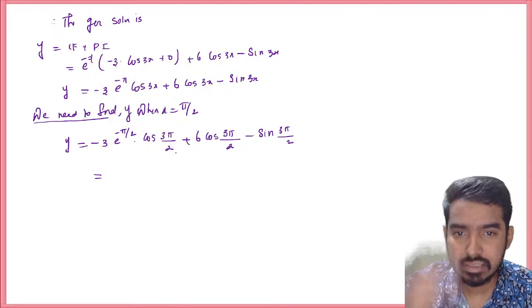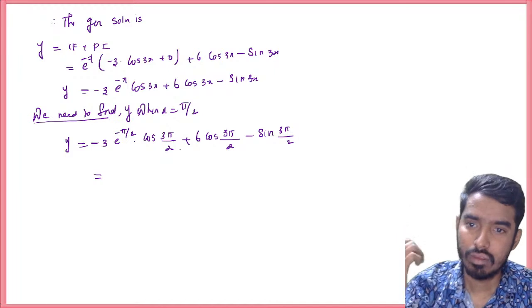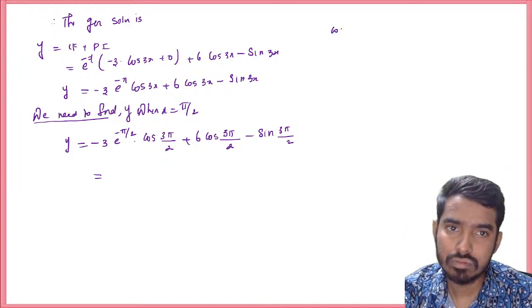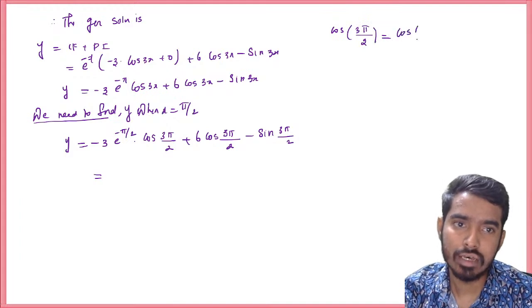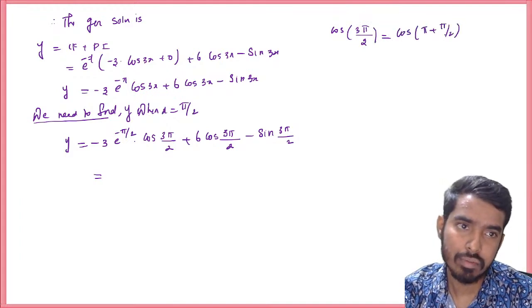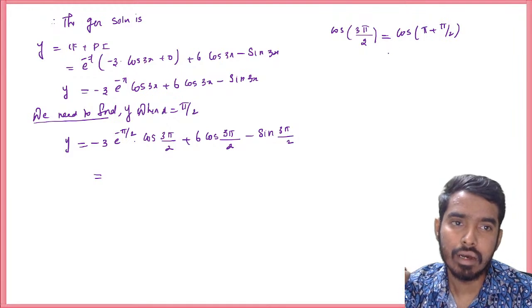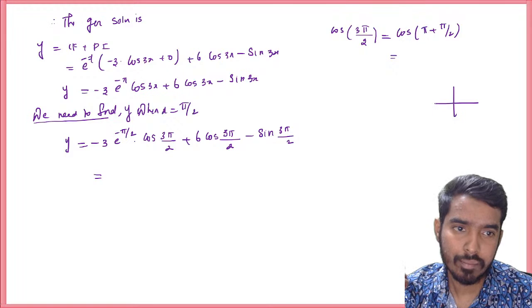Okay, so find the other values now. What is cos 3 pi by 2? It will be cos of pi plus pi by 2, right? So we have pi here, so pi plus will be here, in the third quadrant.